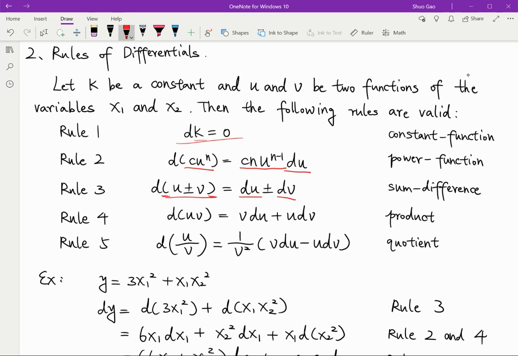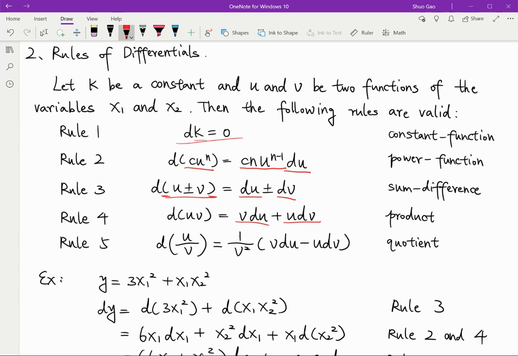So the fourth one is the product rule. The differential of u times v equals v times du plus u times dv. Right. So this is similar to the derivative rules we've talked about before.